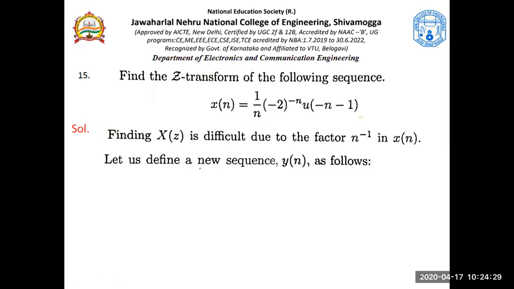Which property can you think of? We have a property which deals with that: differentiation in z domain. If we have n x of n, we know how to respond to that.